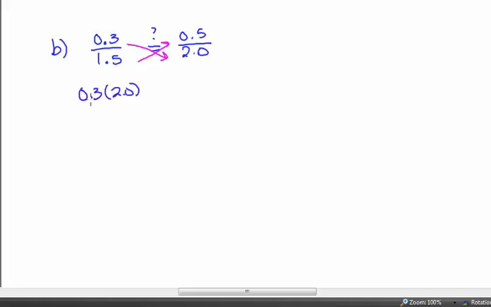So I'll have 0.3 times 2.0 and 1.5 times 0.5, and I get 0.6 and 0.75, and these are not equal, so they are not a proportion.